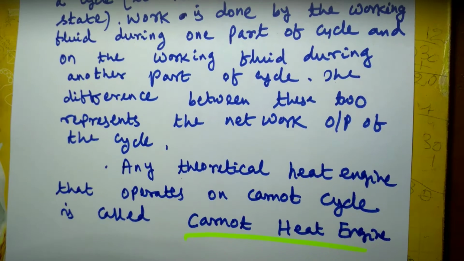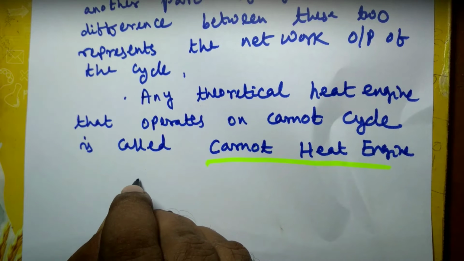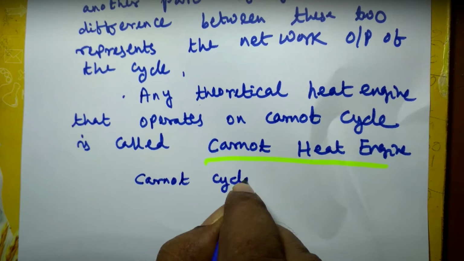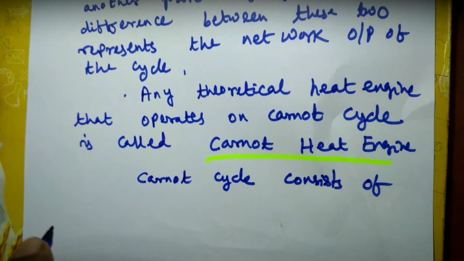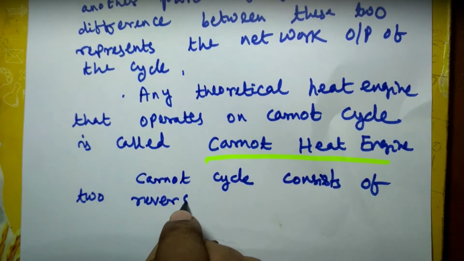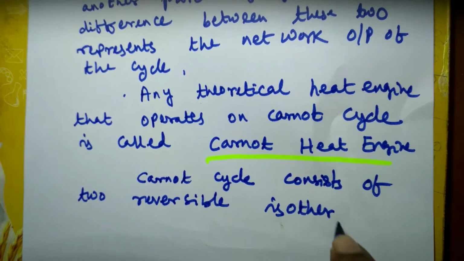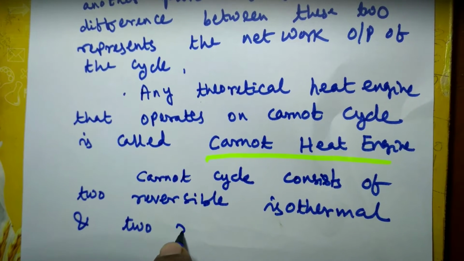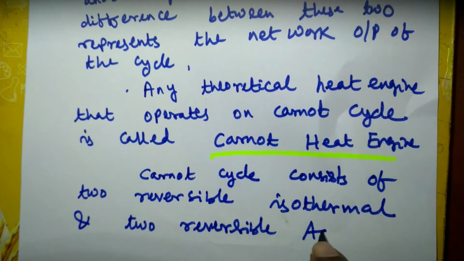The Carnot cycle, which is a reversible cycle, consists of two reversible isothermal and two reversible adiabatic processes.